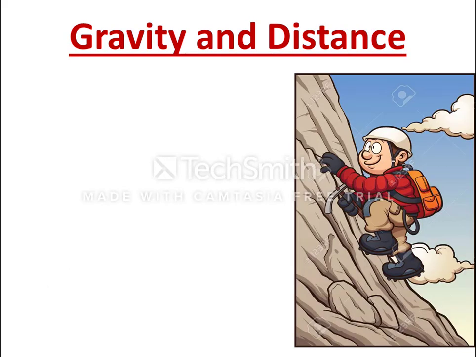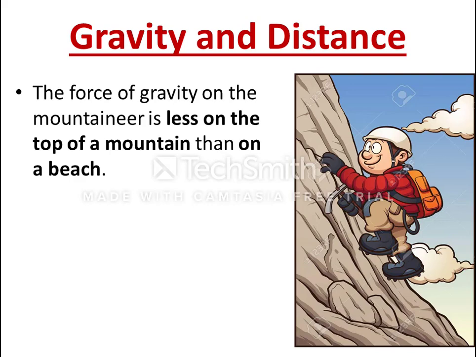Gravity and distance. As you can see here, this is a mountaineer. The mountaineer, he is climbing the mountain away from the Earth, away from the surface of Earth. The force of gravity on the mountaineer is less on the top of the mountain than on a beach.